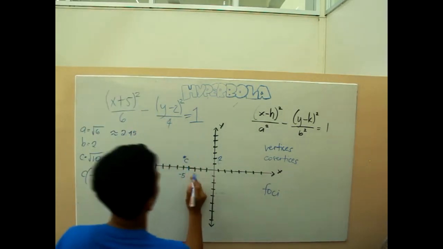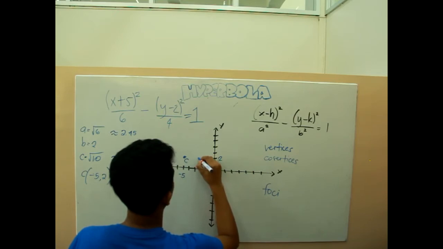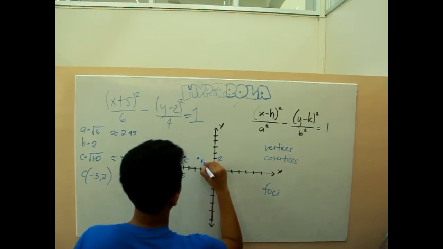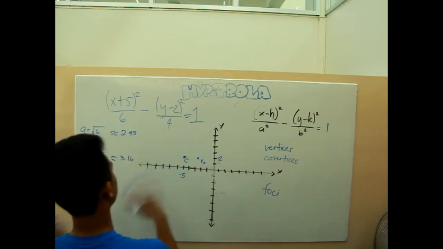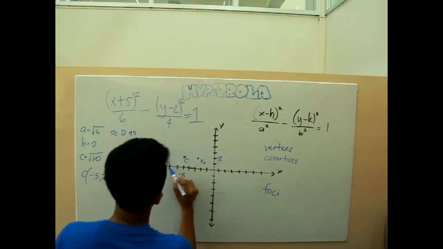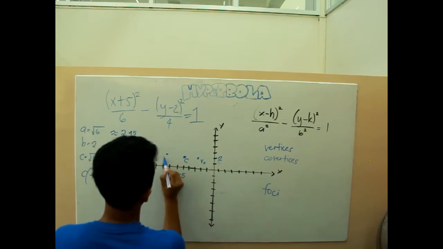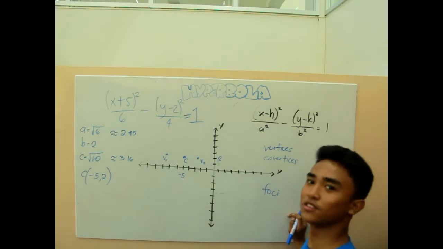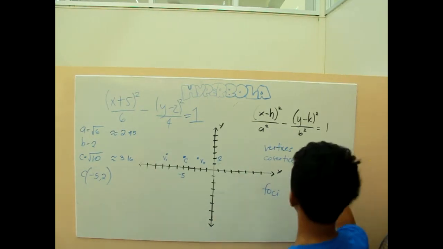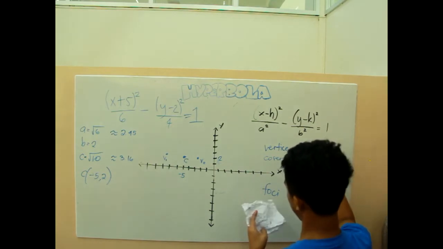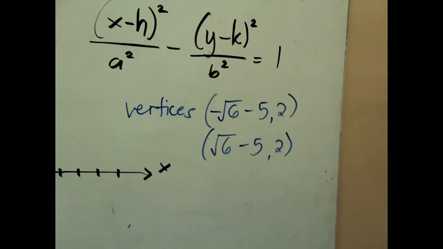So this is your vertex 2, and we count to the left 2.45. So this is your vertex 1. Our vertex 1 is negative square root of 6 minus 5, 2. And vertex 2 is square root of 6 minus 5, 2.